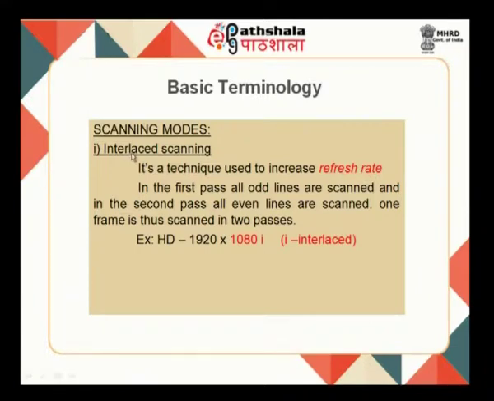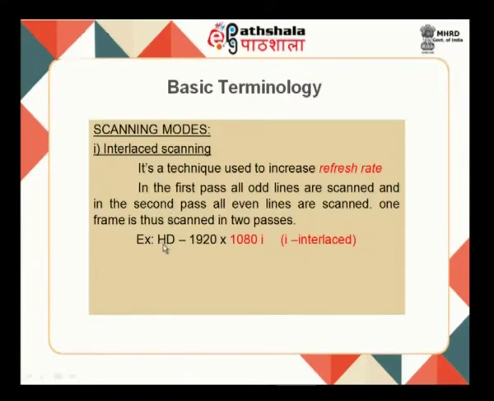So we go for this mode, which is called interlaced scanning. In interlaced scanning, in the first pass all the odd lines are scanned, and in the second pass all the even lines are scanned. So in two passes the whole screen gets redrawn. That means it is an interlaced monitor. How do we know?